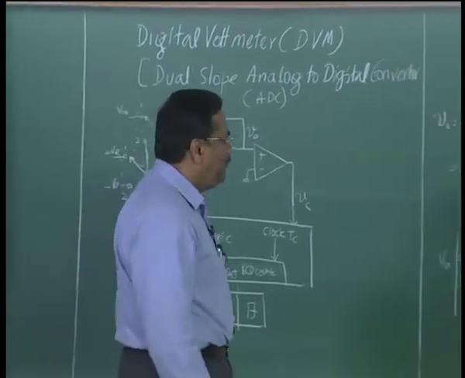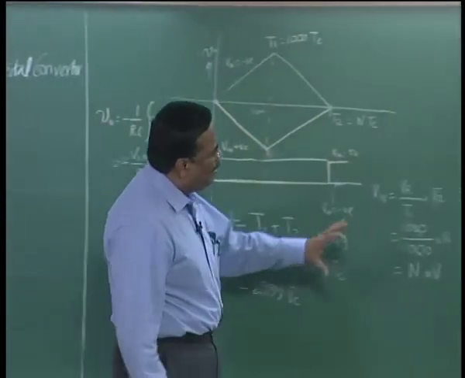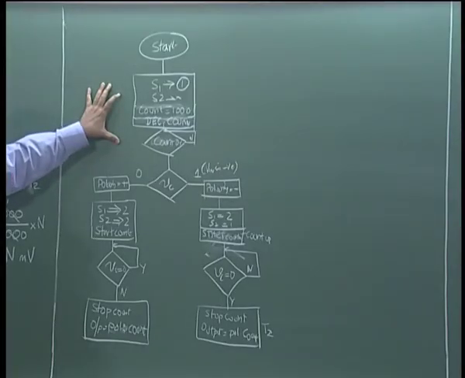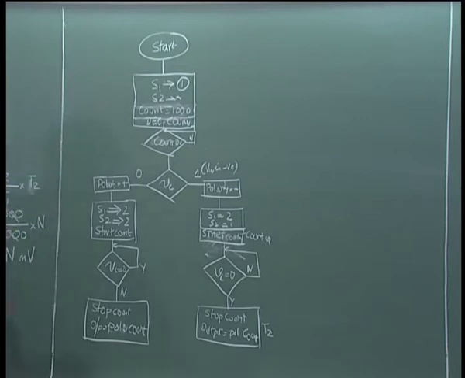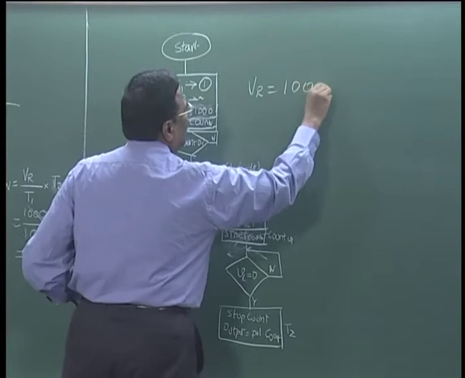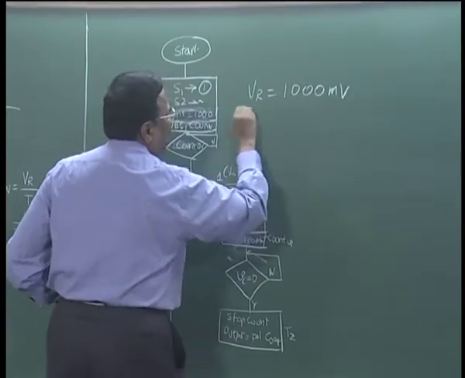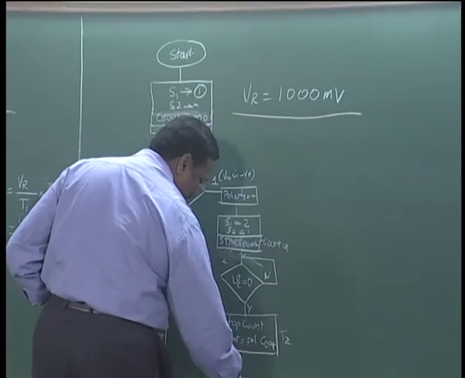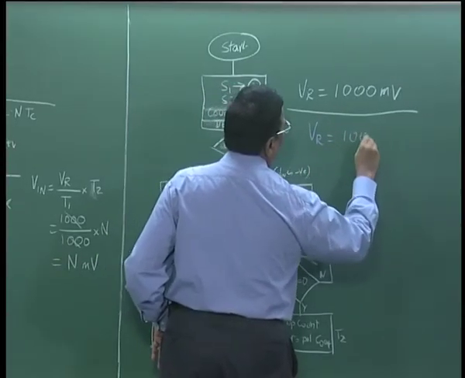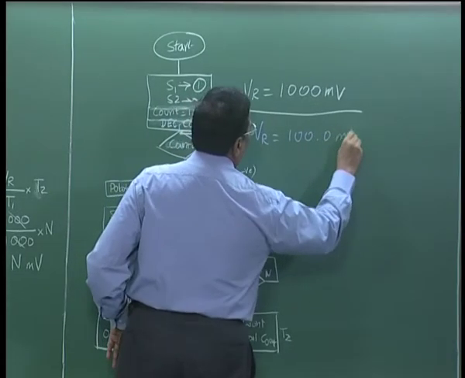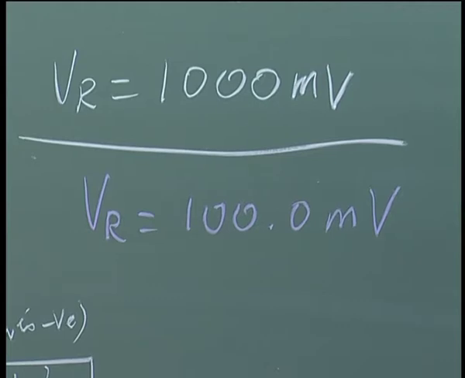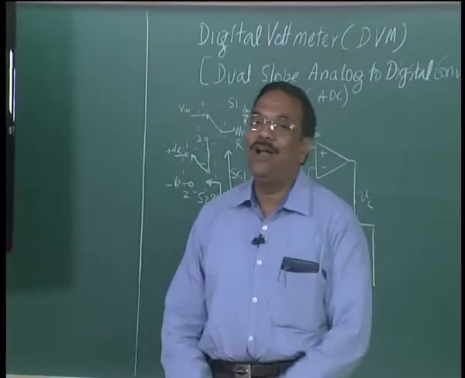So if I am not using my DVM as 2 volts full scale, I make it 200 millivolts full scale. Earlier we put Vr equal to 1000 millivolts. Now in the second case, I take Vr equal to 100 millivolts, everything remains the same, but my full scale now will be 200 millivolts.